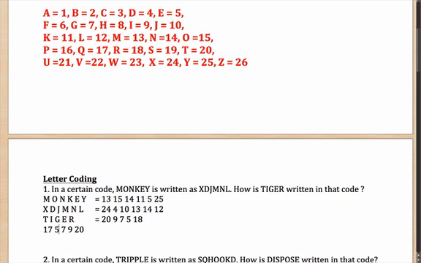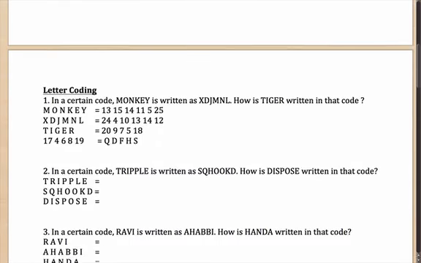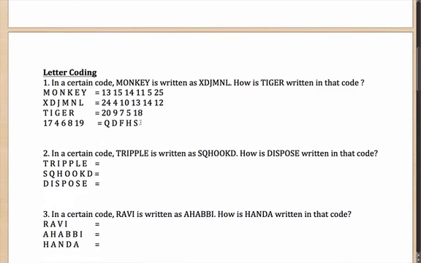So this will be 17, 4, 7 becomes 6, 9 becomes 8, and 20 becomes 19. And what are these? How much is 17? 17 is Q, 4 is D, 6 is F, 8 is H, and 19 is S. So this essentially is the code for tiger. That is what we were looking for.